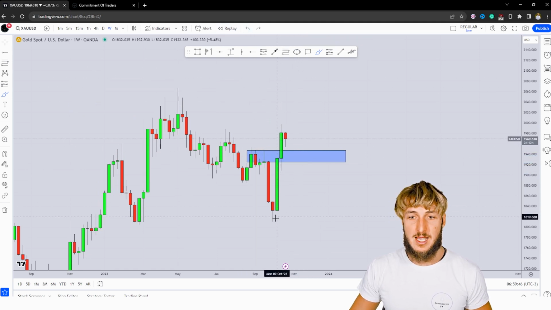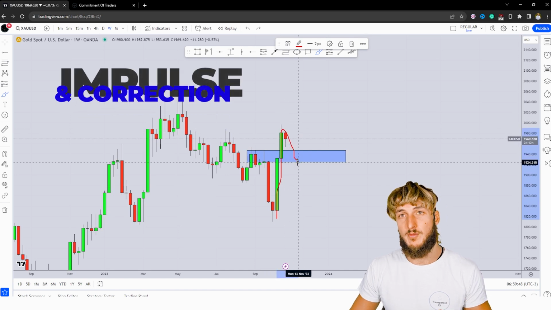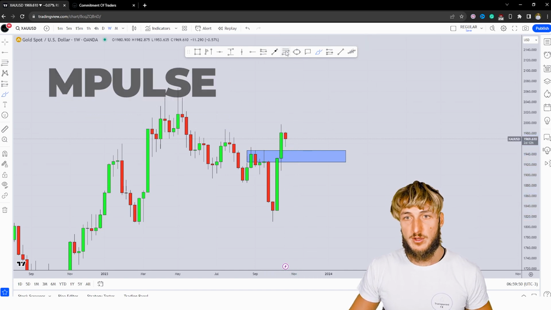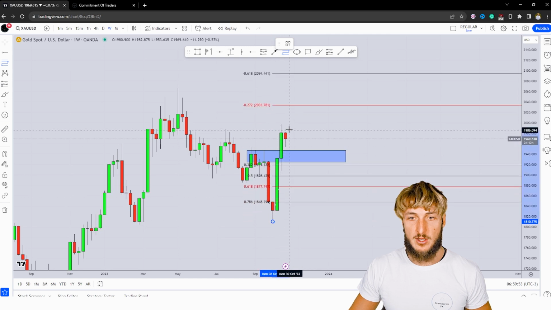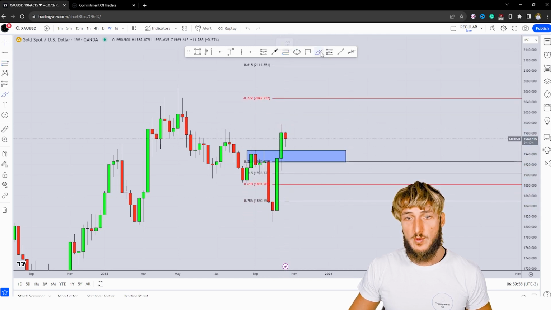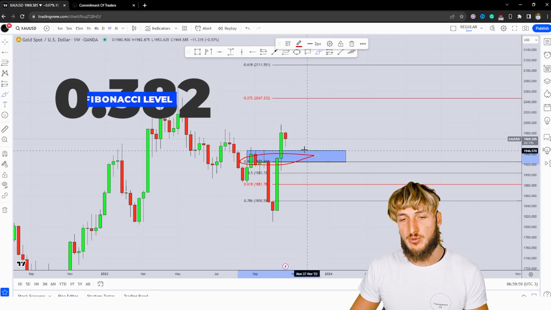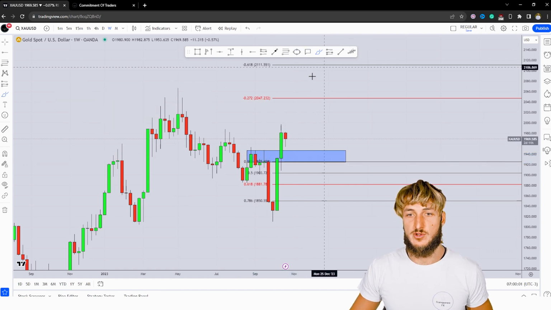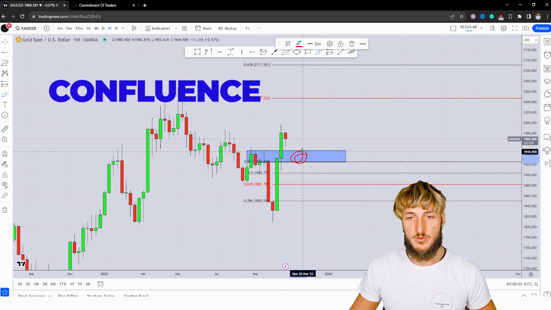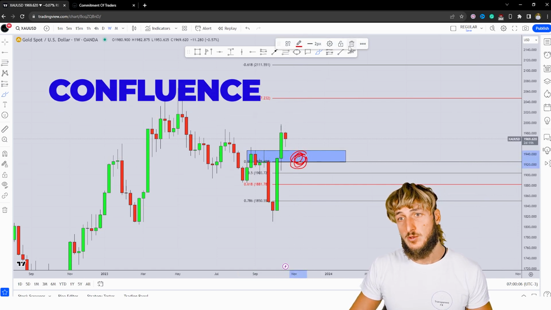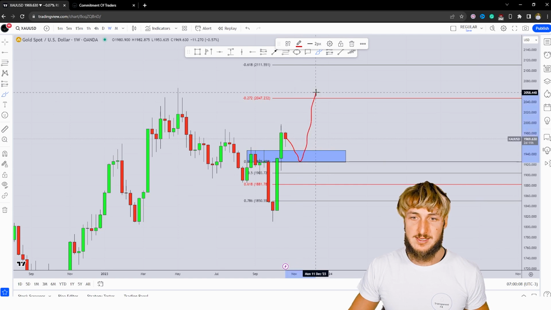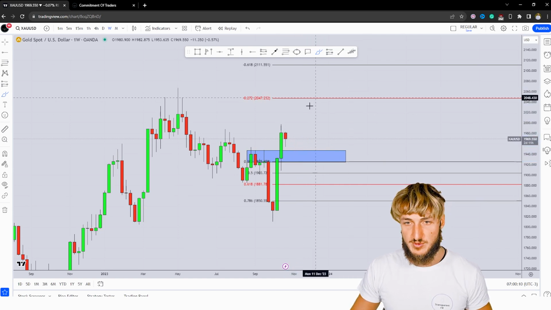And we can also notice how after an impulse, if we want to measure the correction, we have to take our Fibonacci from the low to the high of the impulse leg. And if we do that, we can see how we have a 0.32 Fibonacci retracement lining up precisely with this previous resistance turned support, creating confluence of support at this level that we could in fact expect this market to test and then to reject to the upside.